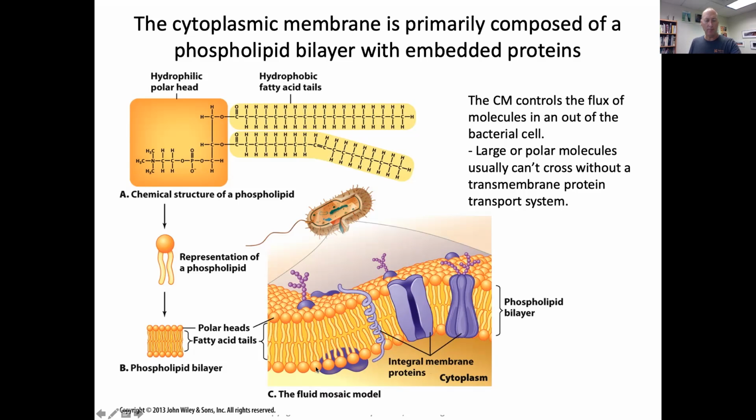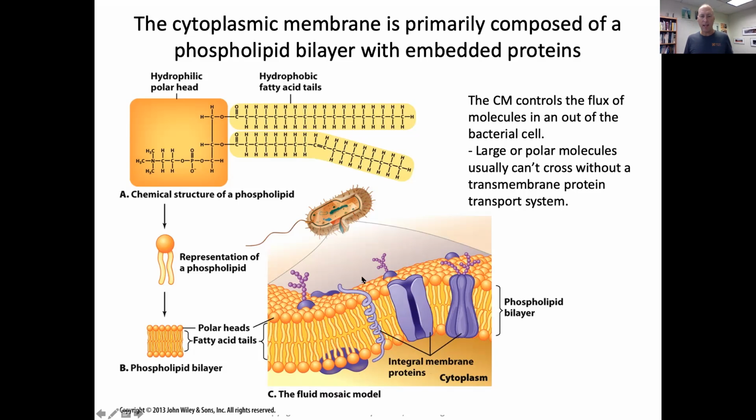And then very important to recognize that there are many proteins embedded in this phospholipid bilayer, some of which go all the way across, some of which may be only embedded in the inner part, or even potentially in the outer leaflet of the phospholipid bilayer.